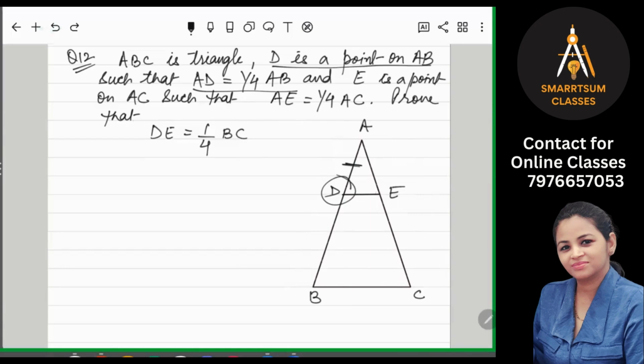So this is given in the question and we have to prove that DE is equal to 1 by 4 BC. Now how to do this? Suppose P and Q are the midpoints.